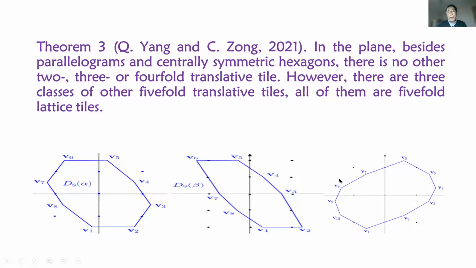For the sixfold, we were not able to classify, but we were able to classify the sixfold lattice tiles. So if we put in the extra restriction, we can classify further. So up to now, we know the 2, 3, 4, 5-fold multiple translative tiles, plus the 6-fold lattice tiles, in the plane.